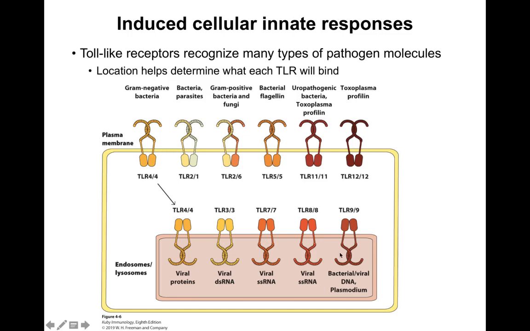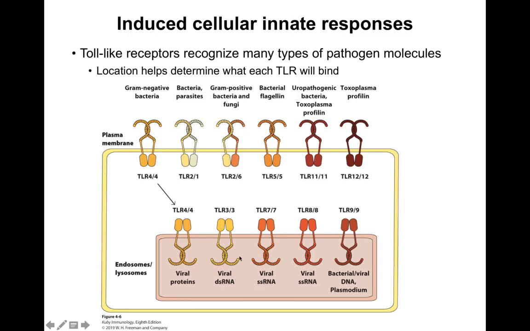There are some receptors that are inside the host cell but on an endosome or lysosome. And so many of these are able to detect viruses as well as bacteria. So the TLR4 recognizes viral proteins, and then TLR3, 7, and 8 recognize viral nucleic acids.